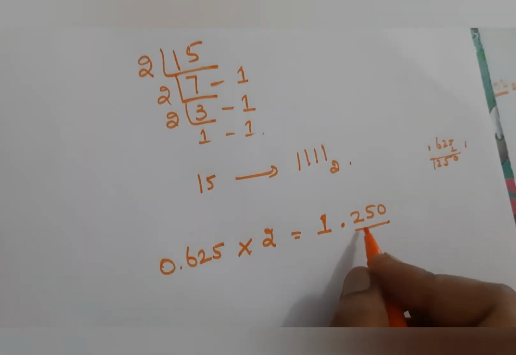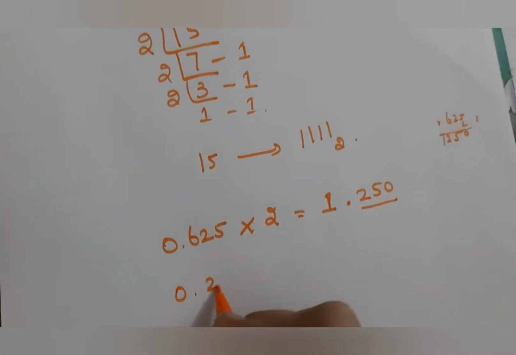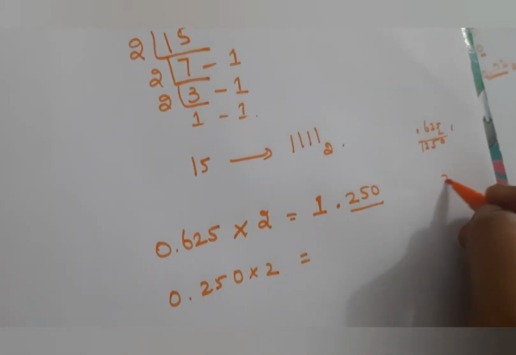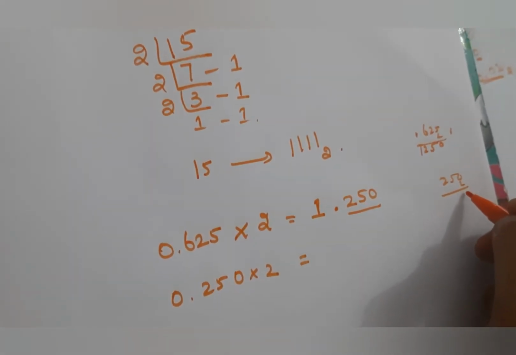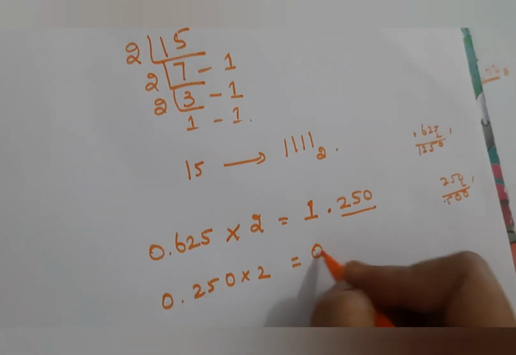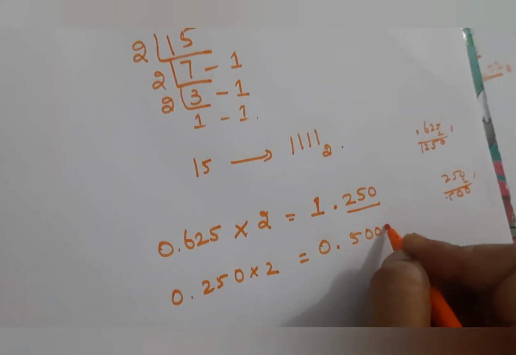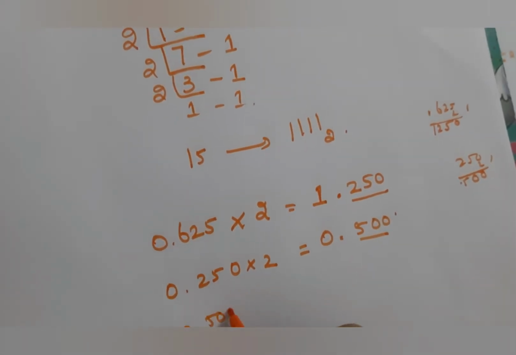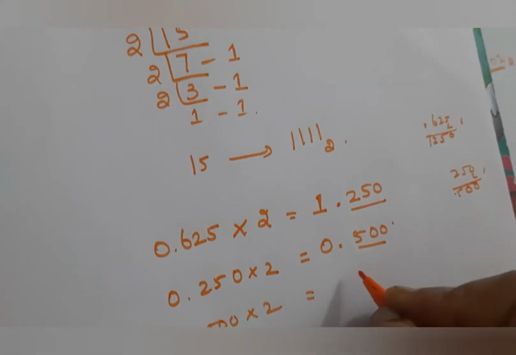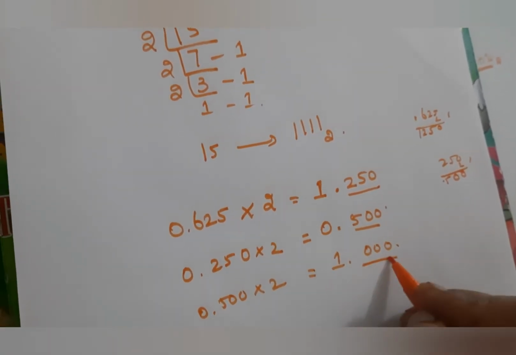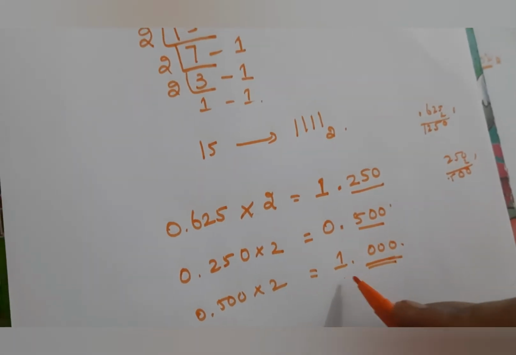Again we take this fractional part, 0.250 times 2, that gives 0.500. Again we have to take this 0.5. 0.500 times 2 will give us 1.000. So we get all 0 here, so we can stop at this point.